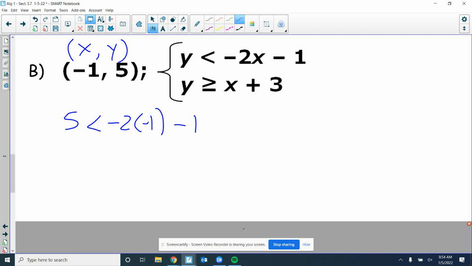Ava, help me out on this one. So we got 5 is less than, what's -2 times -1? So I got 2 minus 1. What's 2 minus 1? Is 5 less than 1?